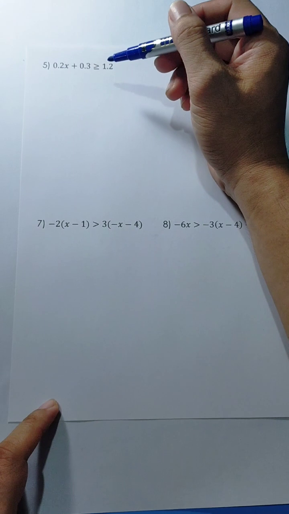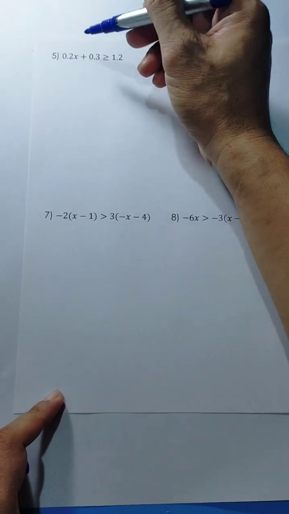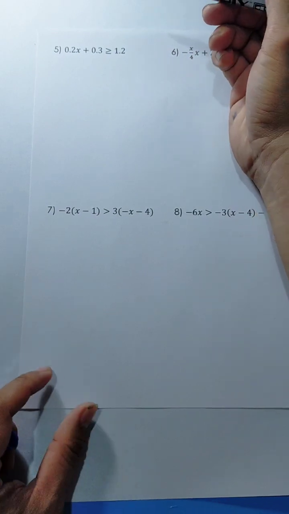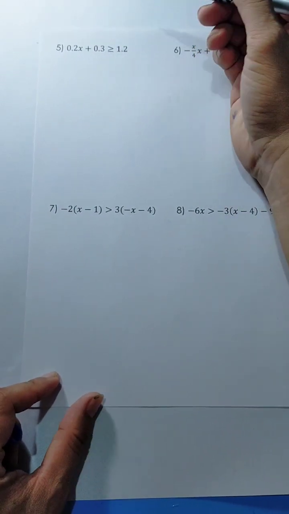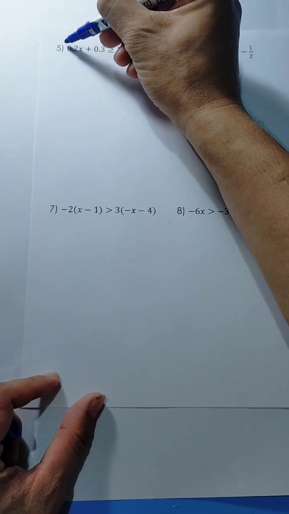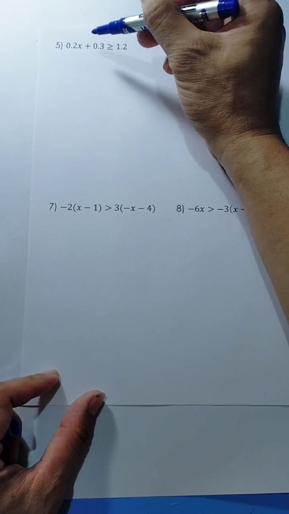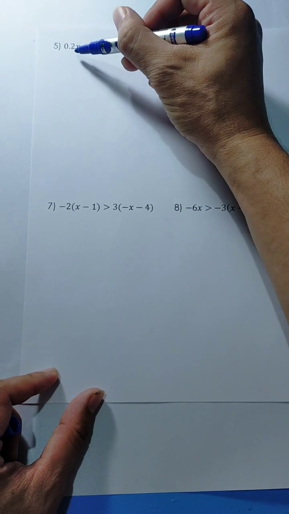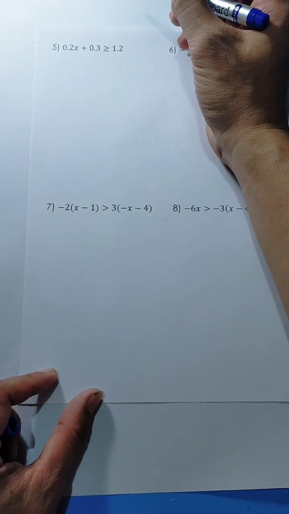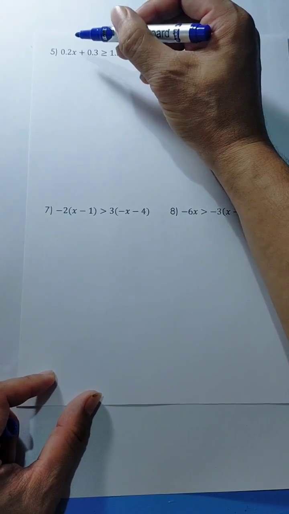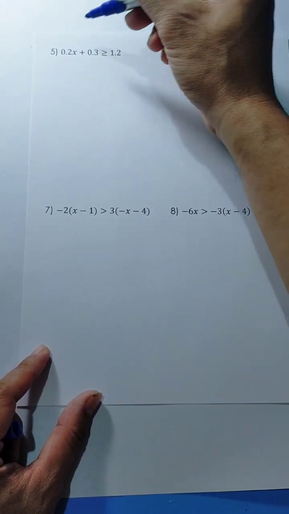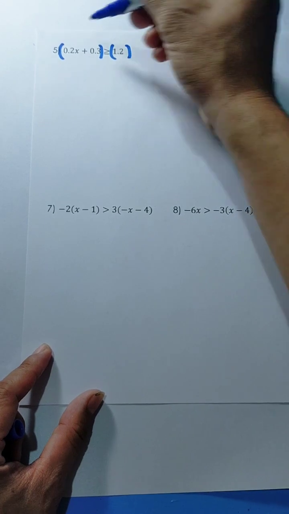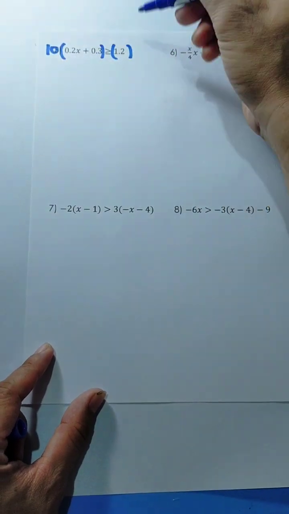Here we have an inequality with decimal coefficients and constants. To change our decimals to whole numbers, we multiply by 10, since our decimal digit is only 1. If you have 2 decimal digits, you multiply by 100, or 3, multiply by 1000. Multiply both sides by 10.